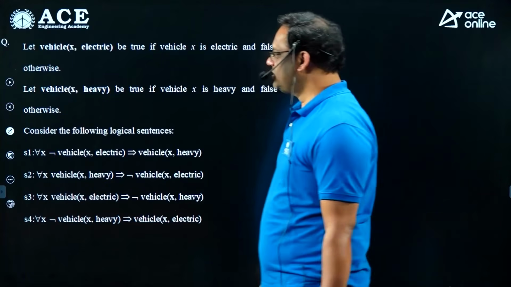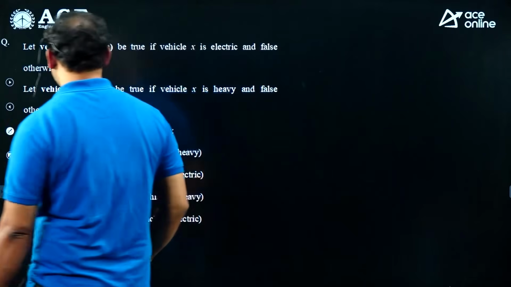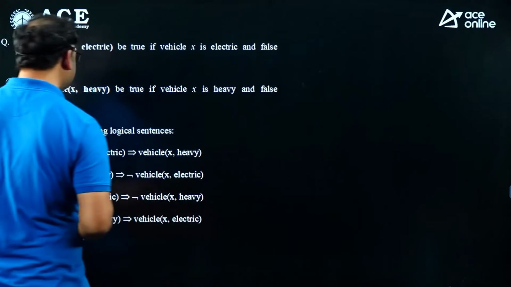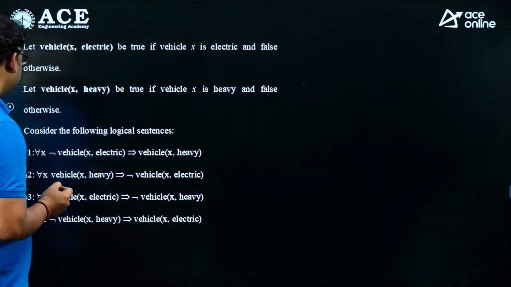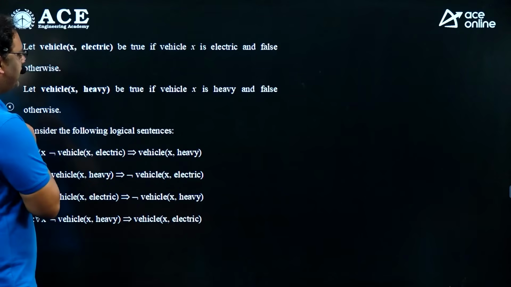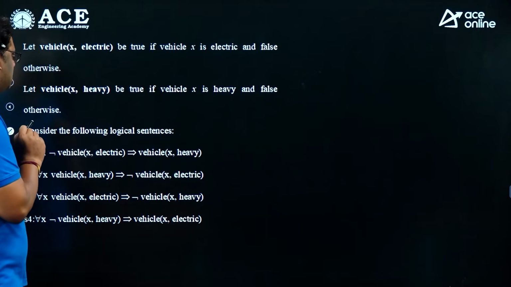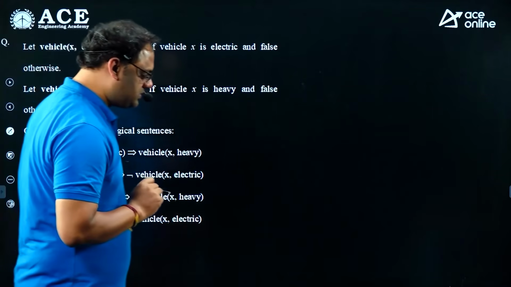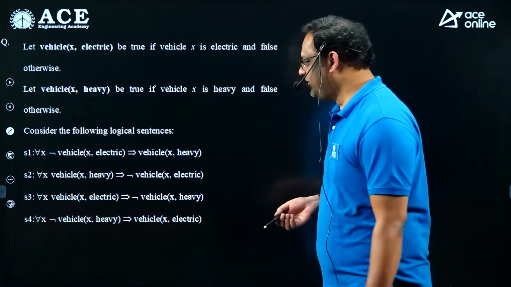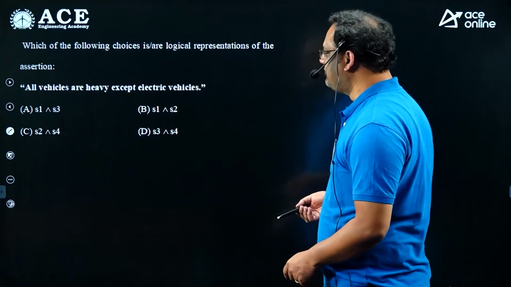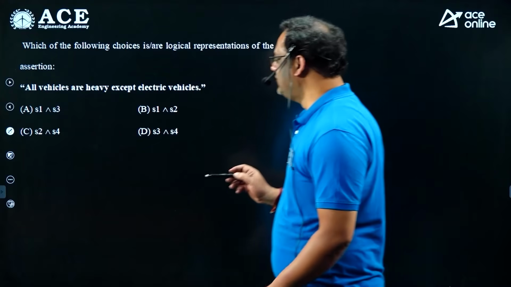And see this question, the given statement is considered like this. So all vehicles we are talking about. All vehicles except electric, they are going to be heavy. In that statement, different options are available.